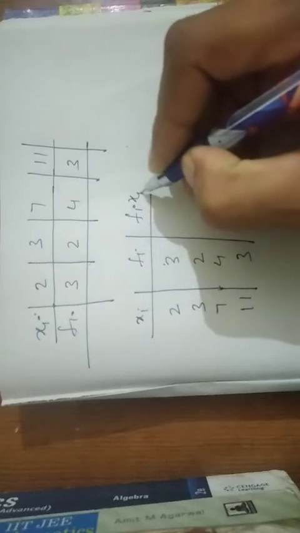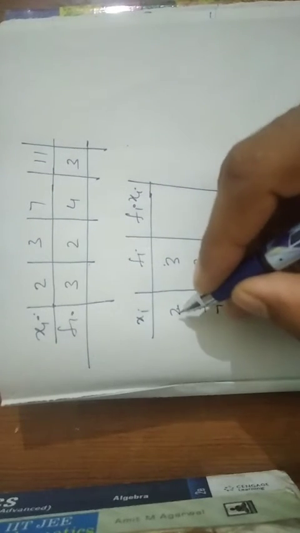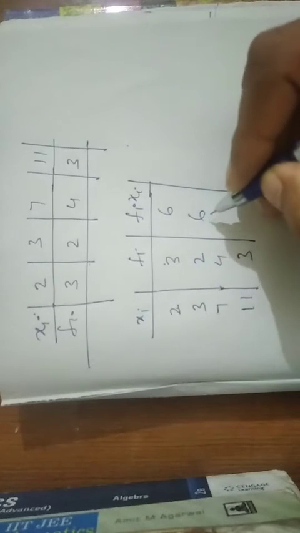Make another column which is fi xi. Now multiply corresponding x with corresponding frequency: 6, 6, 28, 33.